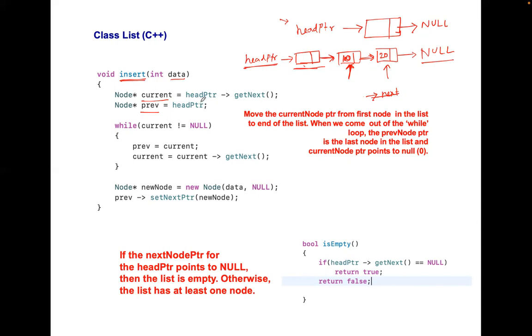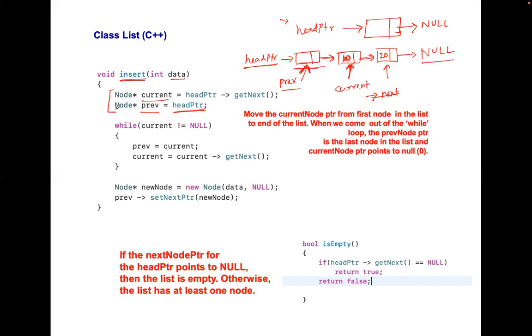And previous will be the node that the head pointer is pointing to. So previous will point to the same node that the head pointer is pointing. So that will be my current node and that will be my previous node after these two initializations.